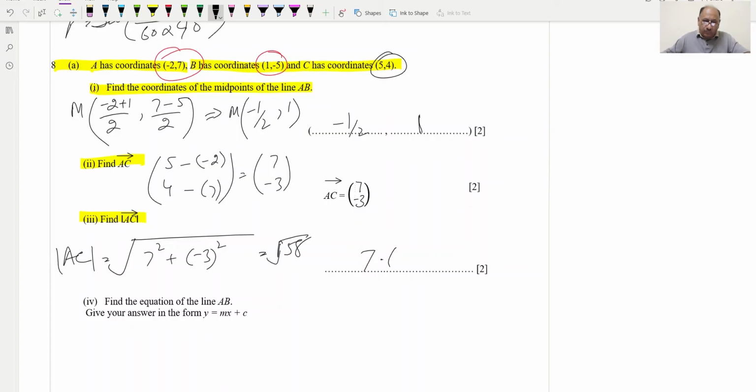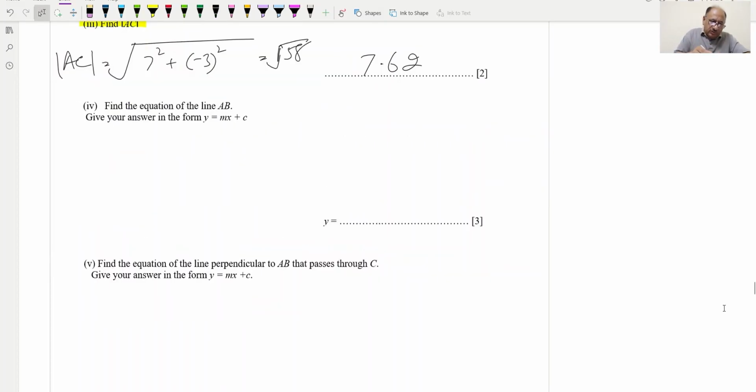And part 4 says find the equation of the line AB, and we have to write the answer in mx plus c. So the gradient of AB we require, so gradient we are writing m, so m of AB will be equal to y2 minus y1 over x2 minus x1.